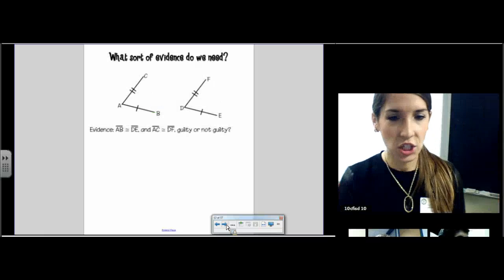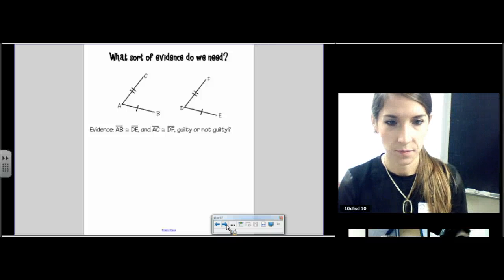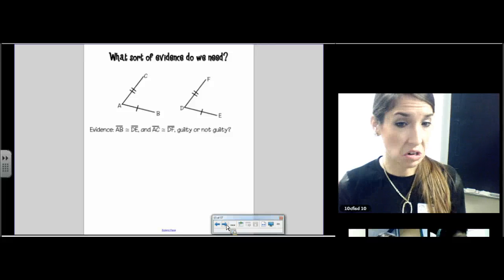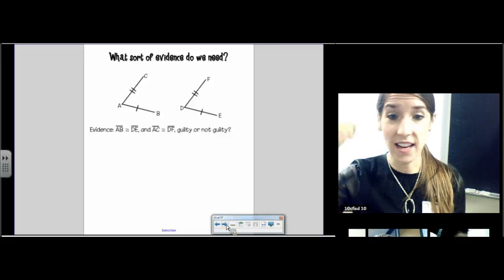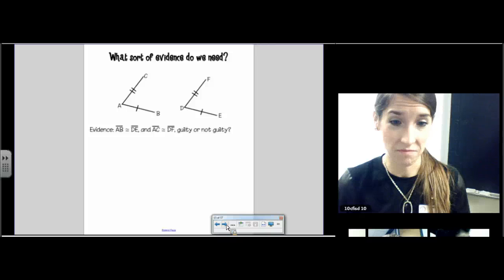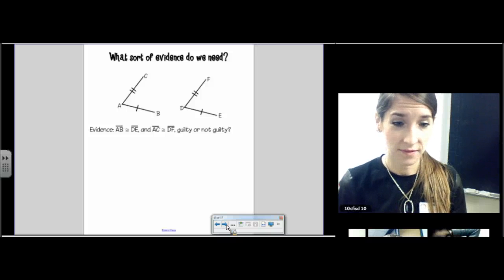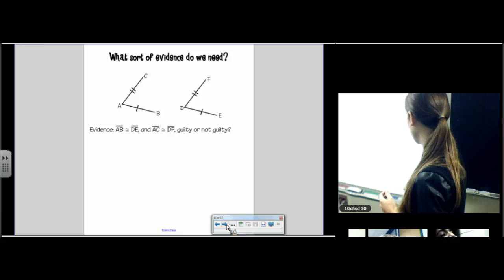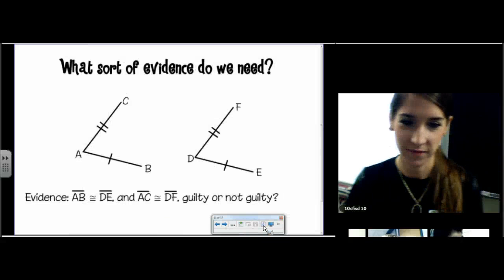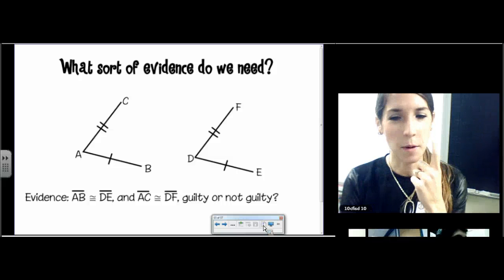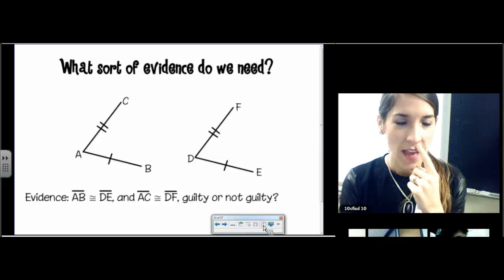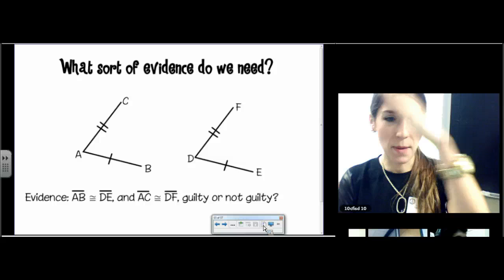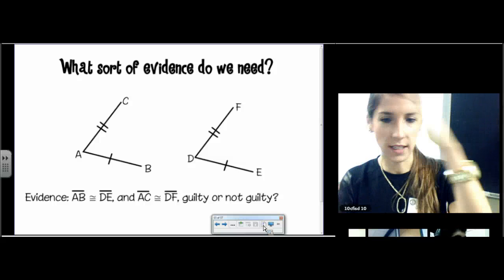What about 2 sides? AC is congruent to DF, AB is congruent to DE. It looks like if I connect those dots, those are going to be congruent. They guilty? Oh, some people are saying yes, some people are saying no. I think we're missing something. Could AC pivot if it wanted to and still be congruent to DF?